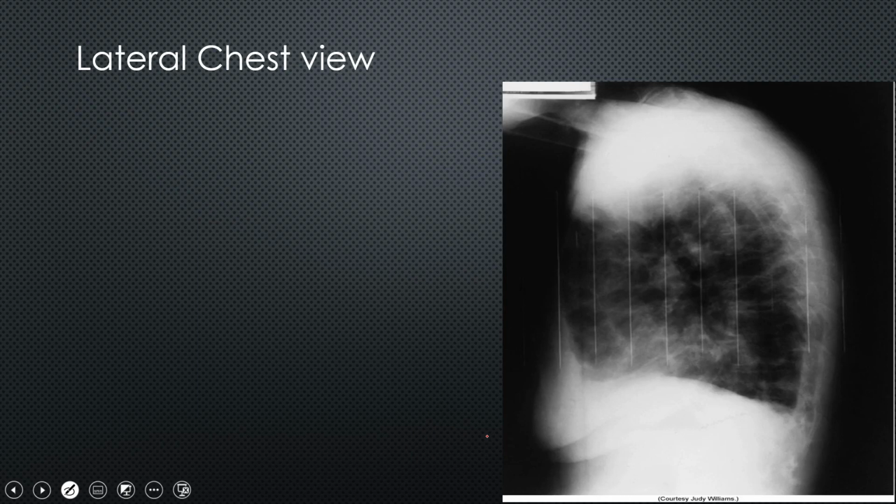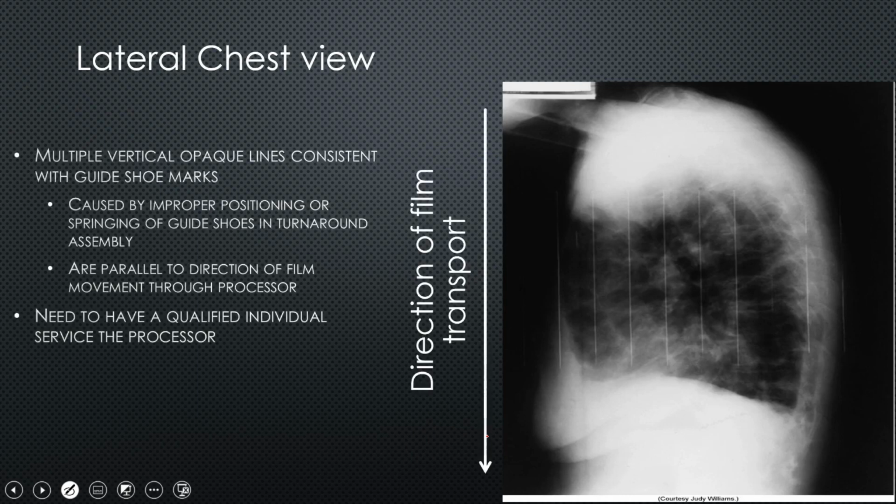Here we have a lateral chest view. You can see that there are these white lines coming across the patient's chest. Multiple vertical opaque lines consistent with guide shoe marks. These are caused by the improper positioning or springing of guide shoes and the turnaround assembly of the machine.